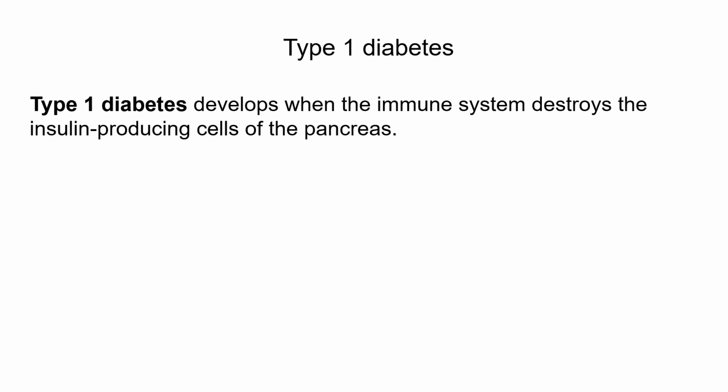One of the major functions of the immune system is to be able to distinguish self from non-self. What are all the cells and molecules that belong in my body? And then what are the cells and molecules that don't belong in my body? Sometimes immune systems make mistakes.